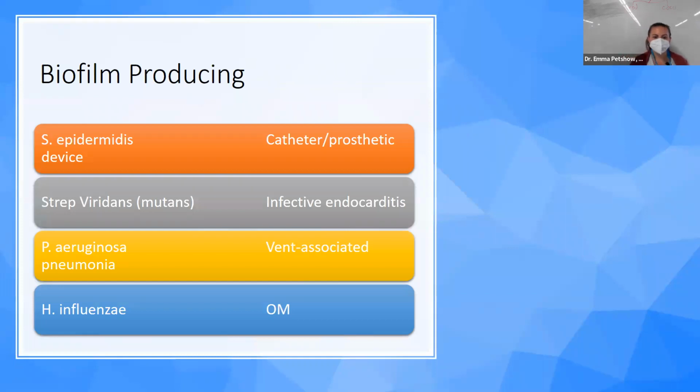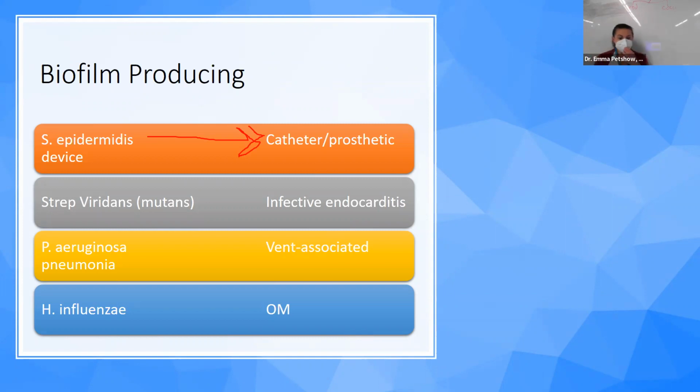And then I have what they're associated with. So your staph epidermidis, typically associated with biofilms being formed from some type of catheter or inserted device, prosthetic device. Staph epidermidis tends not to cause as much disease or dysfunction, but it can when it's associated with this external component being in our body for a long period of time.